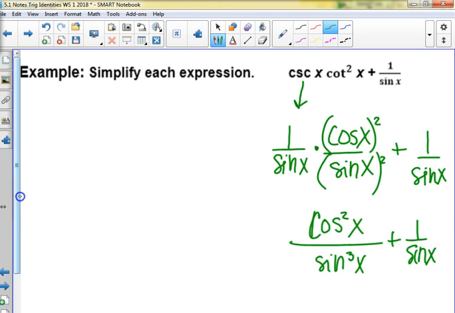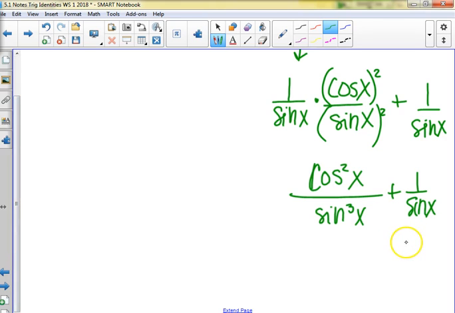Okay, in order to be able to combine those, what am I going to need? Common denominator. So I need this to be cubed. Can I just cube the top and bottom? The only time you can cube something is if you could cube both sides of an equation. This isn't an equation at all, right? The only thing I'm allowed to do is multiply it by 1.